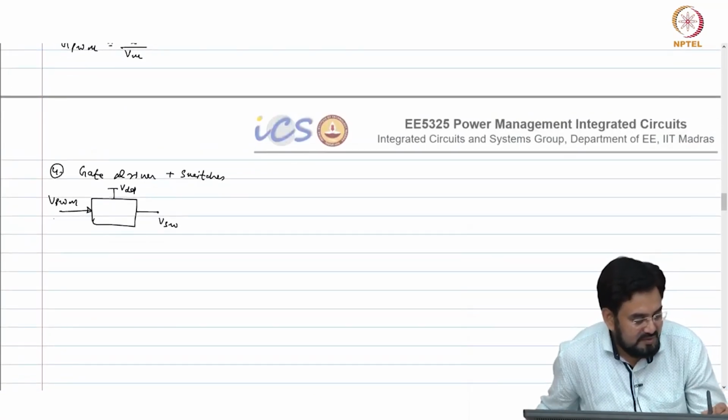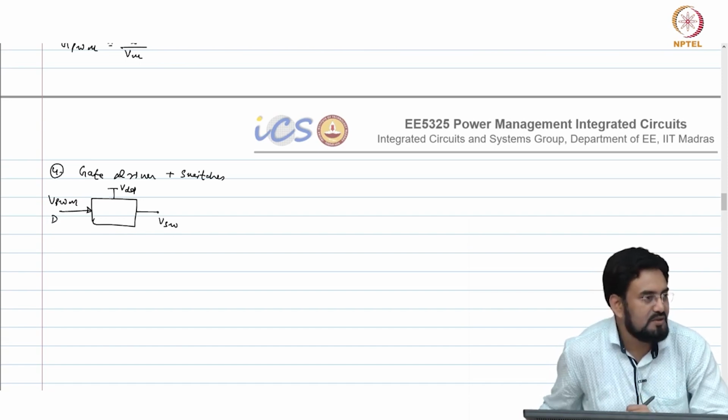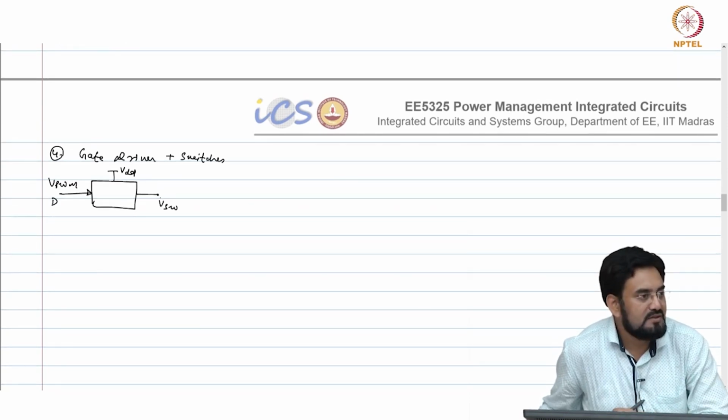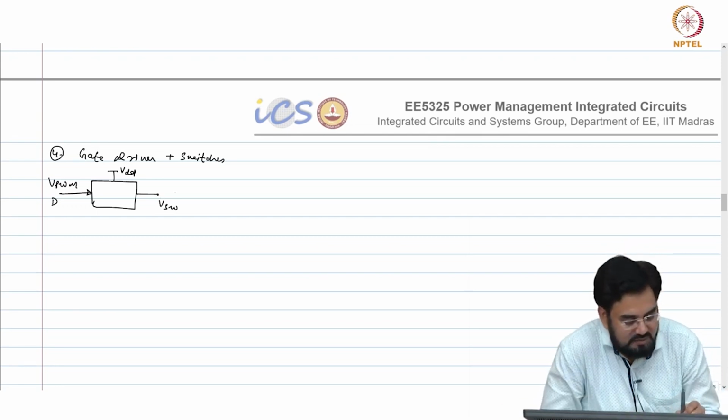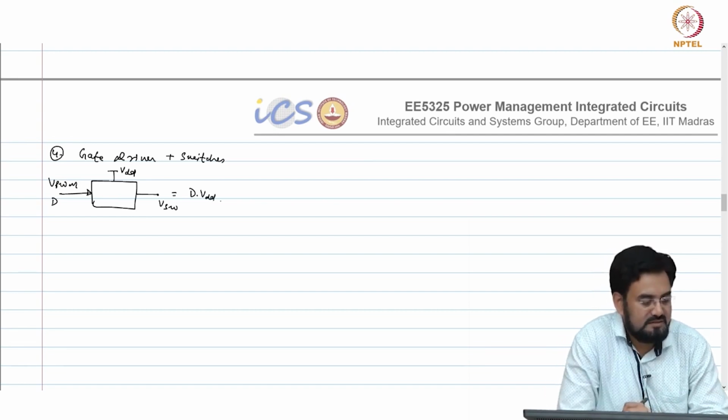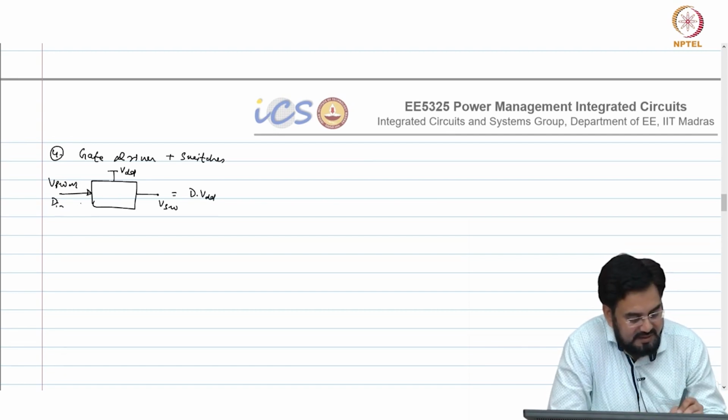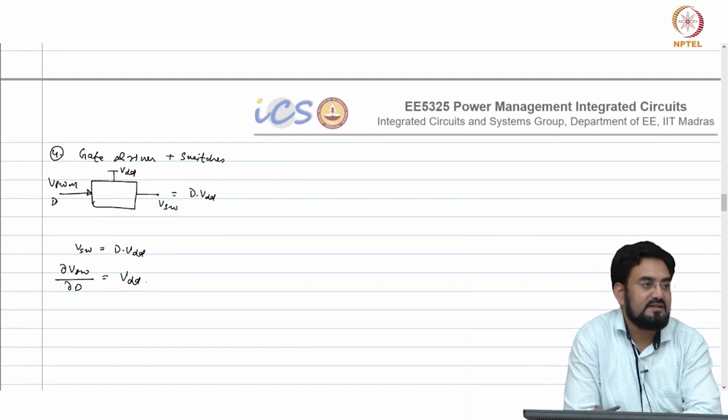So, at the PWM you are getting a duty cycle input and at the output VSW is D times VDD. So, delta of VSW over delta of D will be nothing but VDD, correct.